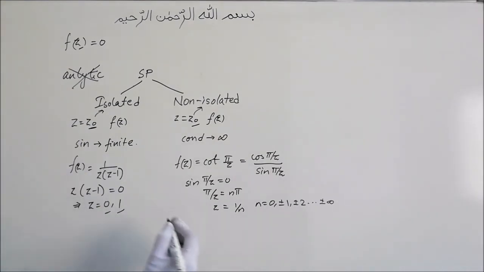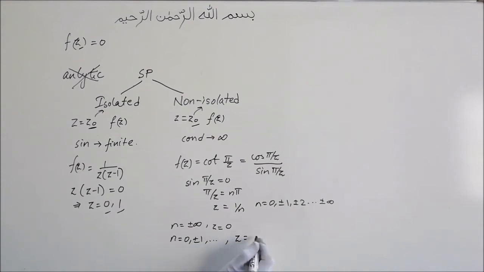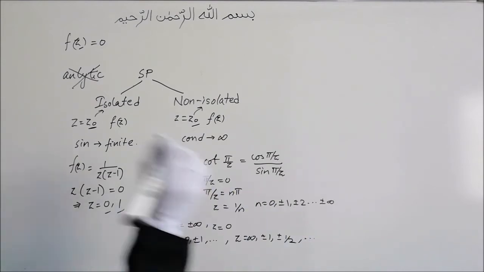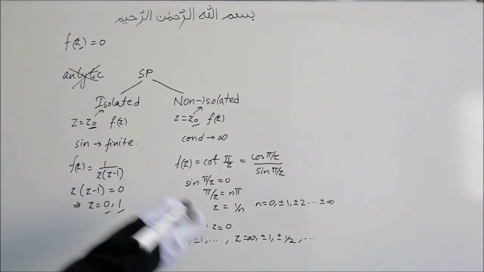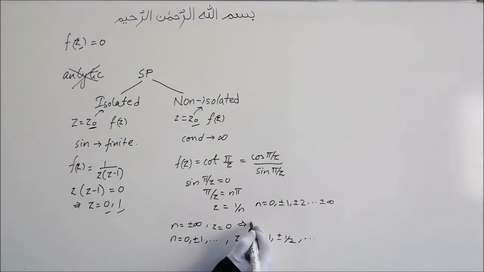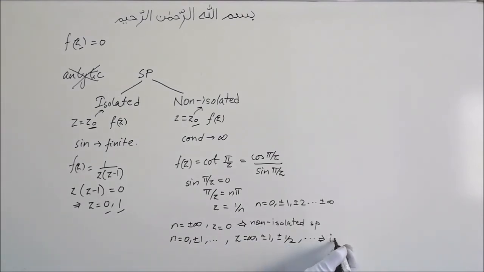Now here we can see that when n is equal to plus minus infinity, we get z equals to 0, and when n is equal to 0 or plus minus 1 and so on, we get z equals to infinity, plus minus 1, plus minus 1 by 2 and so on. Now the point z equals to 0, when n equals to plus minus infinity, is the non-isolated singular point, whereas these other points are isolated singular points.